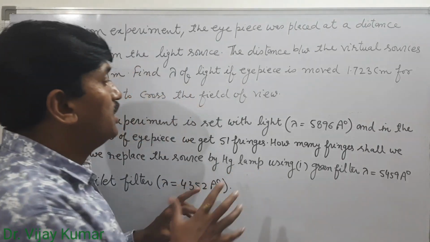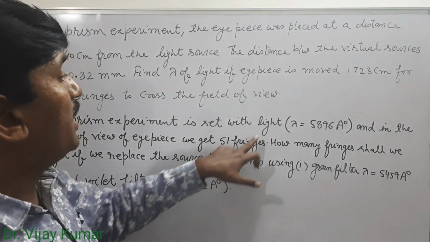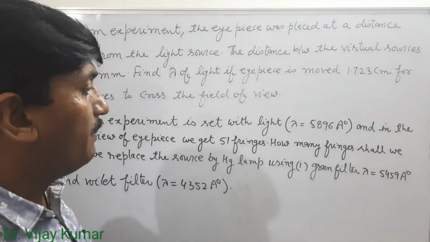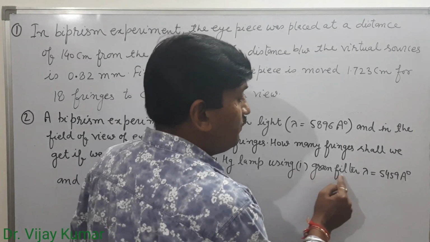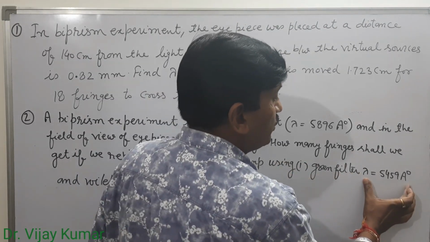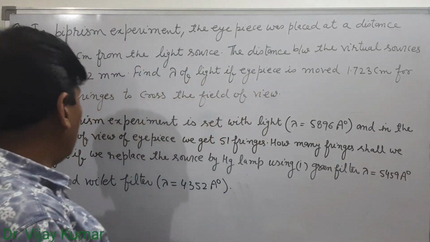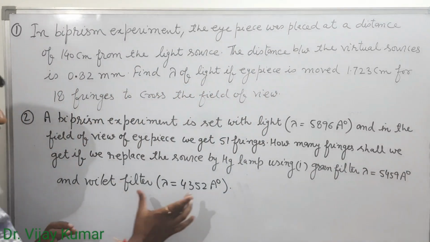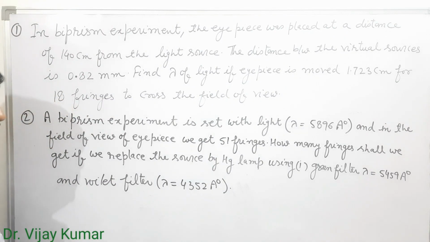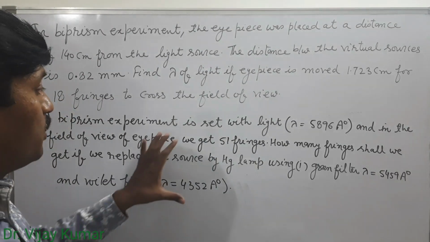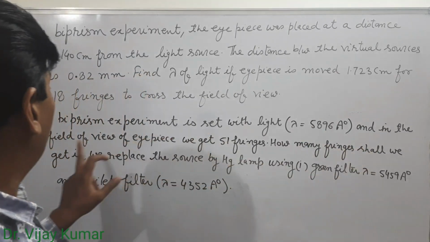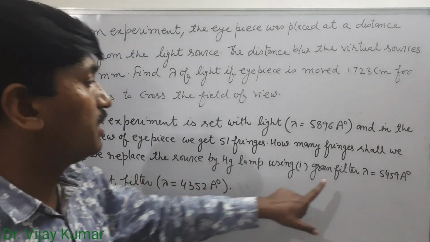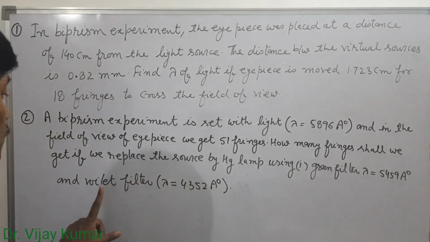It means we replace the lamp with a mercury lamp, and we have used, number one, a green filter, which means this is the wavelength of green light. And second, a violet filter, which means it is the wavelength of violet light. So in this problem we have to determine how many fringes we shall get for number one this light and number two this light.